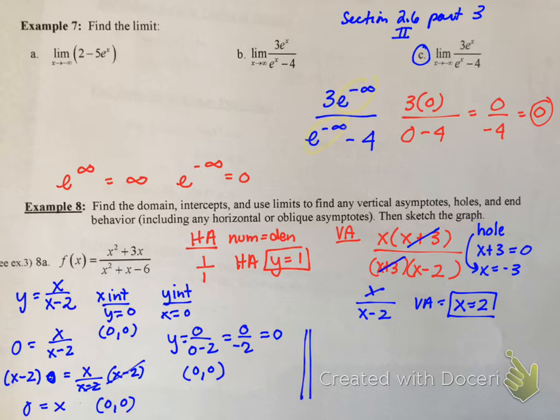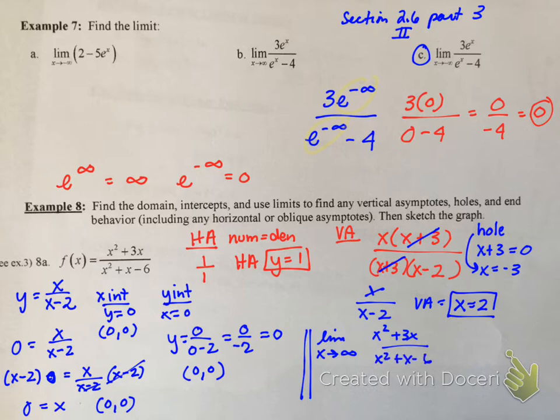Well, we already know because we have a horizontal asymptote that y equals 1. But if you really want to check, you take the limit as x is approaching infinity. And then we're also going to take the limit as x is approaching negative infinity of x squared plus 3x over x squared plus x minus 6, right?